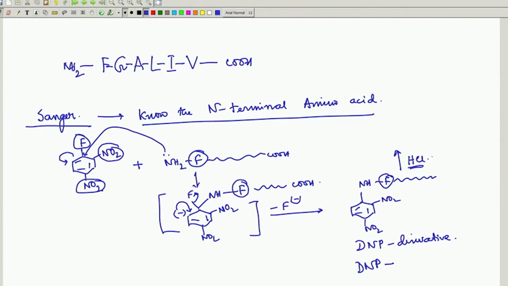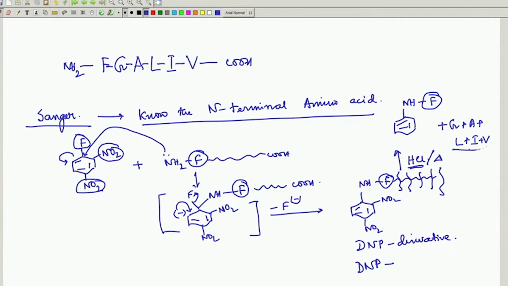In Sanger's method you use HCl acid, and then heat it. So, what will happen? All the peptide bonds that are present here will be broken, and ultimately you will end up with NH attached to phenylalanine plus all other amino acids which are there, G plus A plus L plus I plus V. So, this is what you are getting.